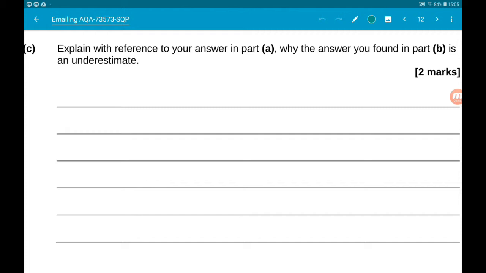So what we have found is an underestimate. So you would need to say something along those lines, maybe even back it up with a diagram explaining how the trapeziums are all under the curve, none of them go above, and that is because the curve is concave in the region. Cool.